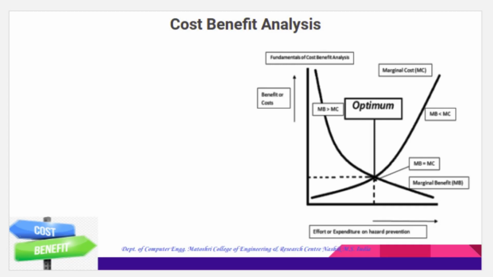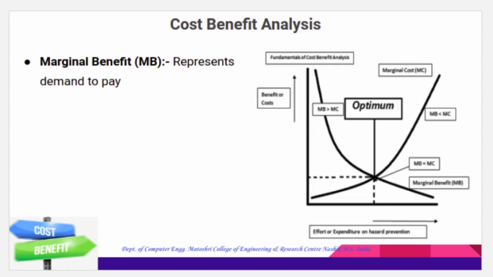There are two important factors to analyze, namely marginal benefit and marginal cost. You can observe that the x-axis represents effort or expenditure on hazard prevention, while the y-axis represents benefit or cost.